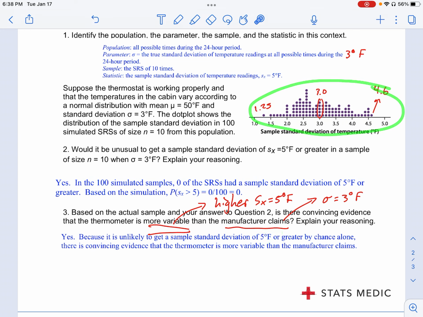In fact, in 100 samples, it never happened, okay? So it's quite convincing evidence that their thermostat, their thermometer, is broken. It's not keeping the temperature in the house as steady and as constant. It's fluctuating up and down too much, which makes the standard deviation larger.